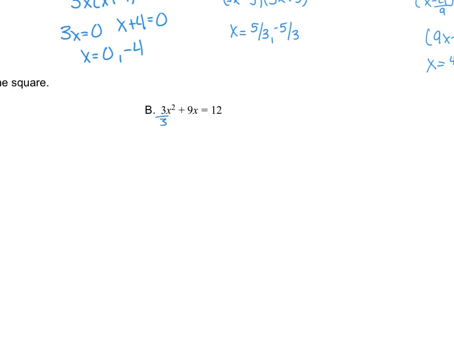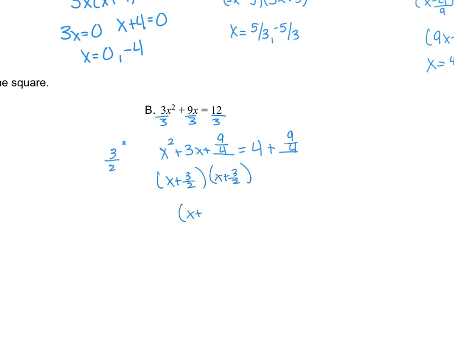For B, I'm going to get rid of this 3. So I have x squared plus 3x plus blank equals 4 plus blank. 3 over 2, I square it, so that's 9/4. So this is (x plus 3/2)(x plus 3/2), which is (x plus 3/2) squared. 16/4 plus 9/4 is 25/4.